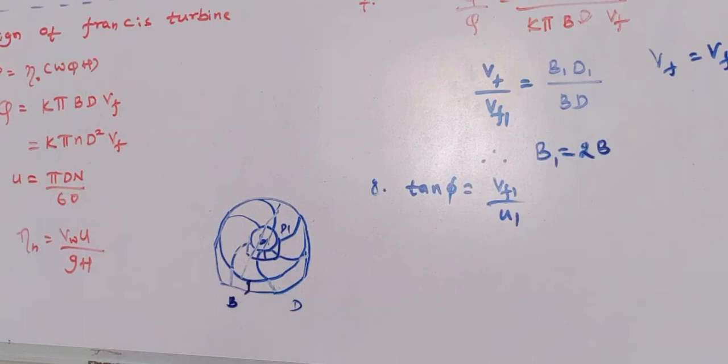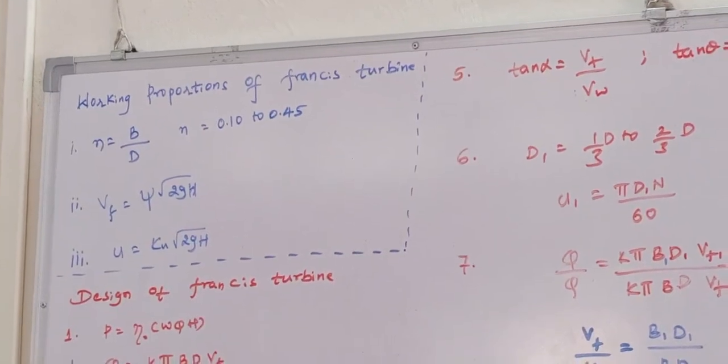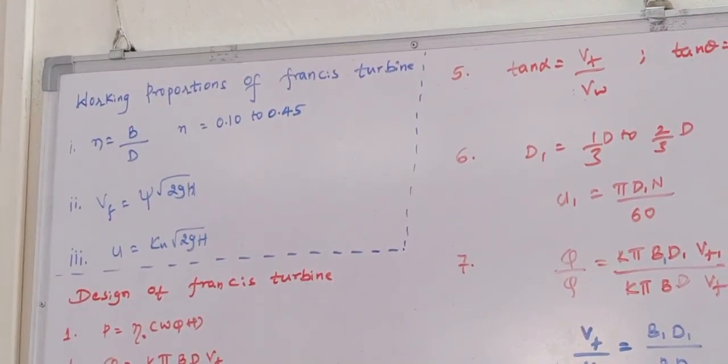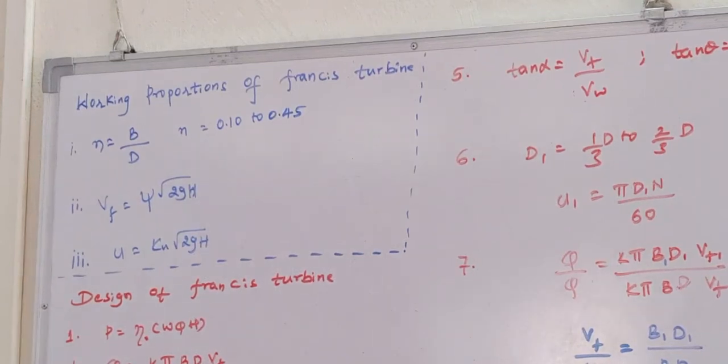Now, going to the first working proportions of the Francis turbine, there is a first working proportion I have written here. What is that? N is equal to B by D. I have already explained what B is: B is the width of the runner at the inlet, and B1 is the width of the runner at the outlet.